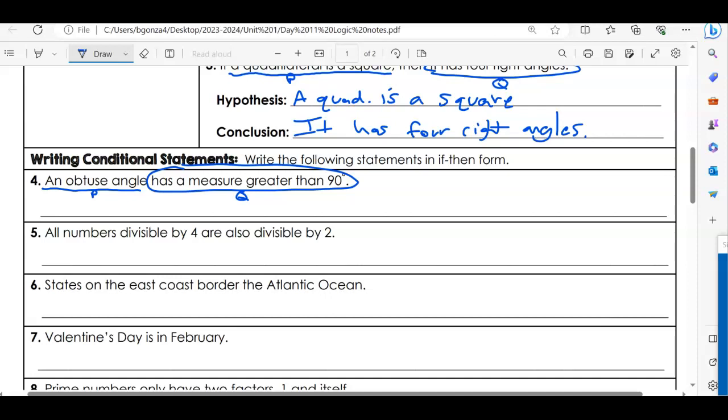So here we go. We're going to write an if-then statement using that P and that Q. If it is an obtuse angle, then it has a measure greater than 90 degrees.